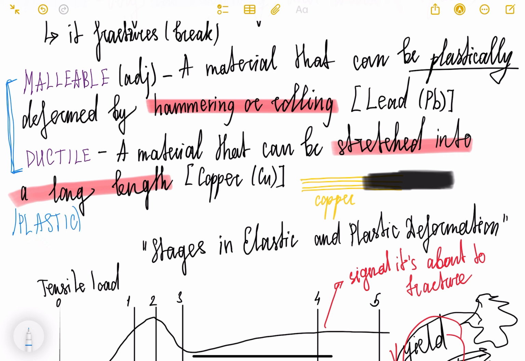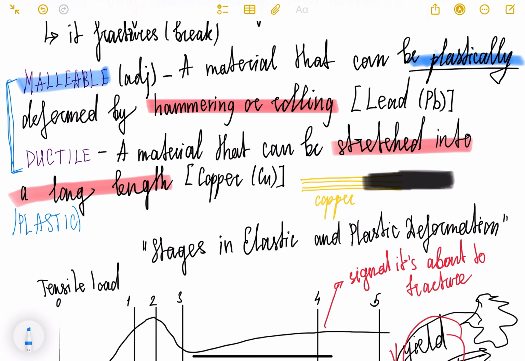Malleable is a material that can be plastically deformed by hammering or rolling.